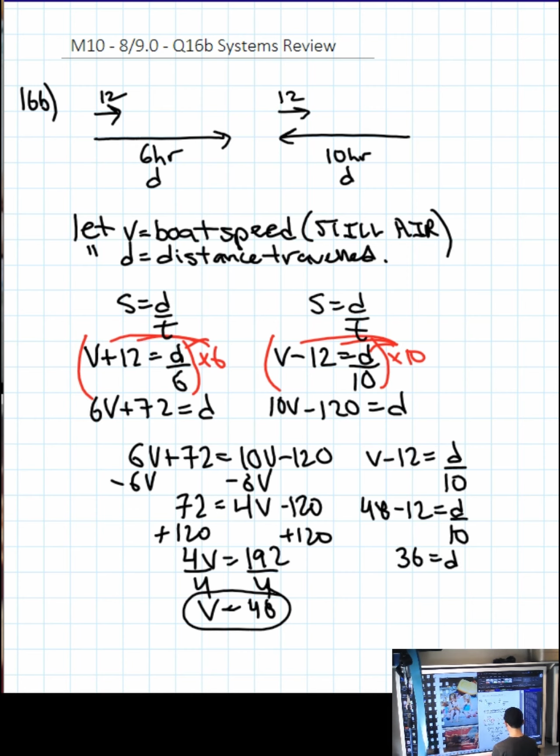And times both sides by 10, and d equals 360. So, the velocity of the boat in still water, or still air, excuse me, is 48. And the distance that we're traveling is 360.